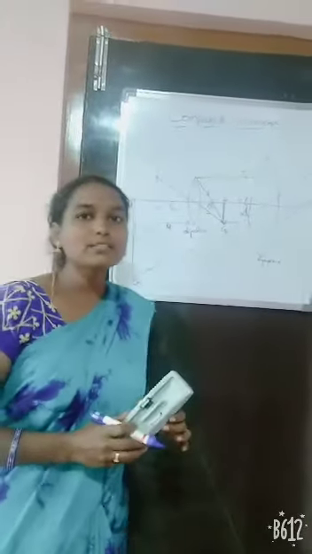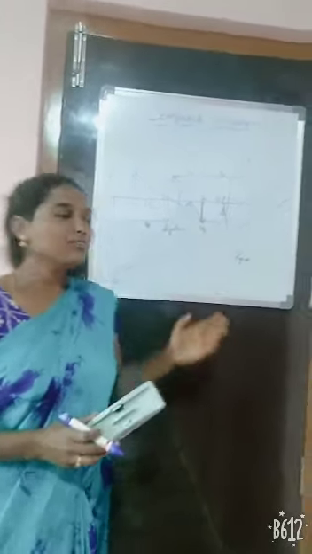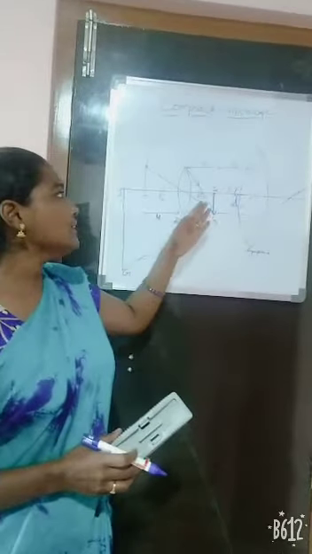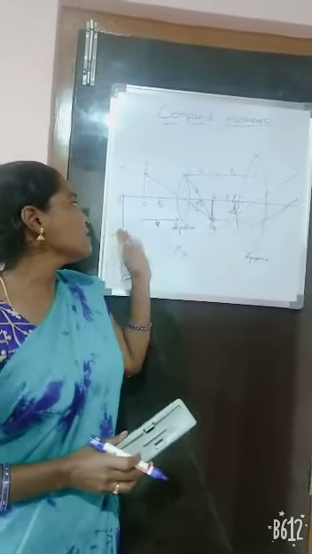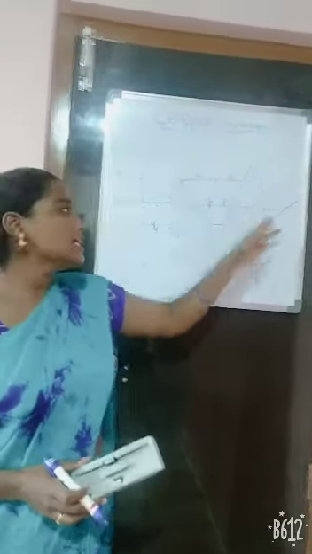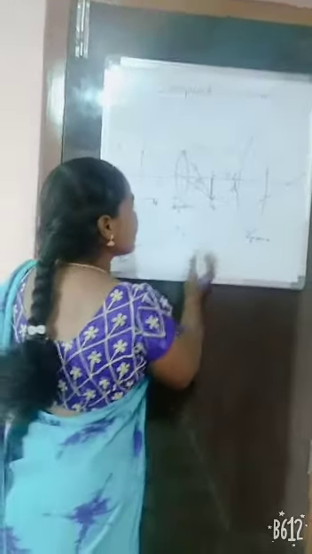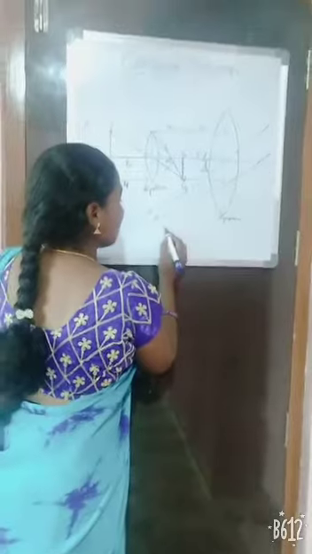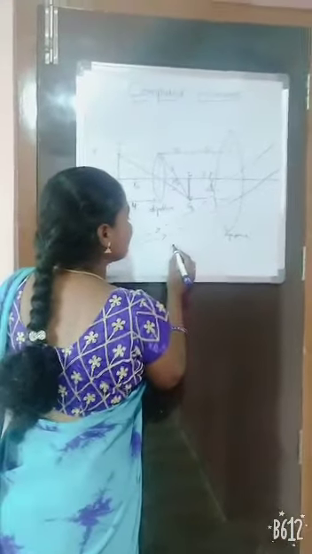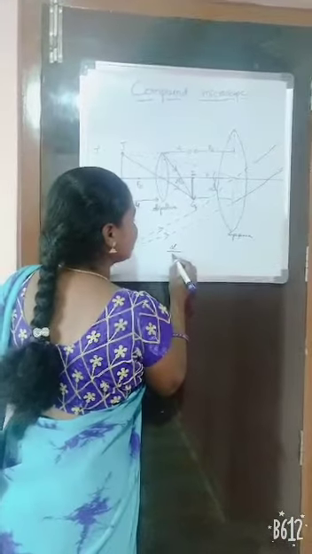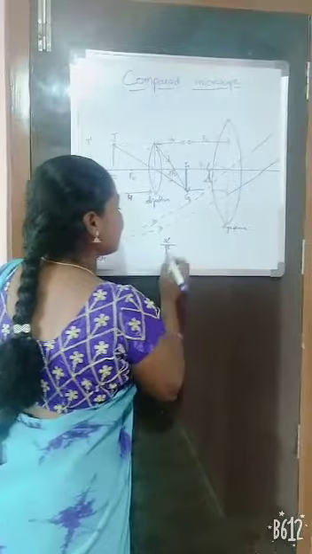To find the magnification power, we find the ratio of the height of the image to the height of the object. In this case, you can find the magnifying power as the angle of the image by the angle of the object.